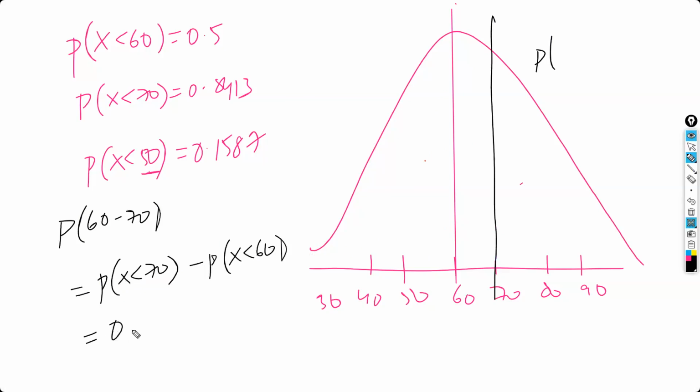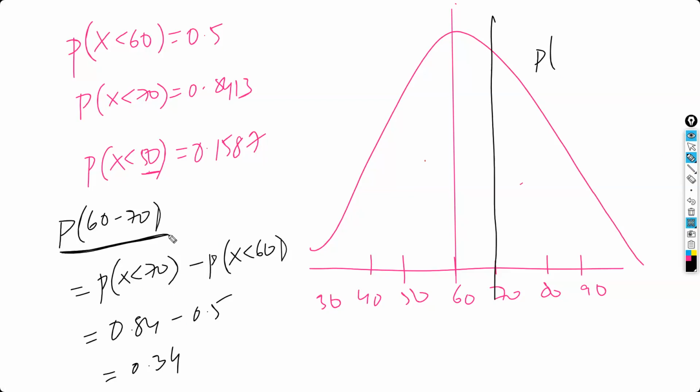That is nothing but 0.84 minus 0.5, which is 0.34. Is the point clear for everyone? So if anyone asks the question of 60 to 70, or starting to ending, you have to take the big area minus the small area.